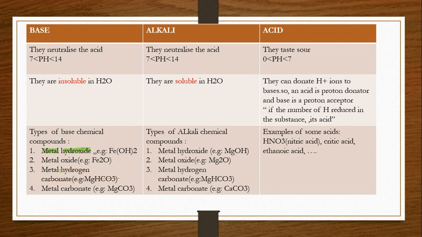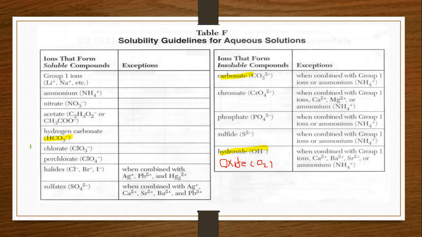Let's do example number 3, metal hydrogen carbonate, which I've crossed out because it's not at all a base, and we will look at why not. If you look at this table, we've seen hydrogen carbonate as a soluble compound. There is no exception for hydrogen carbonate, which means whenever you see hydrogen carbonate in a compound, it is soluble.